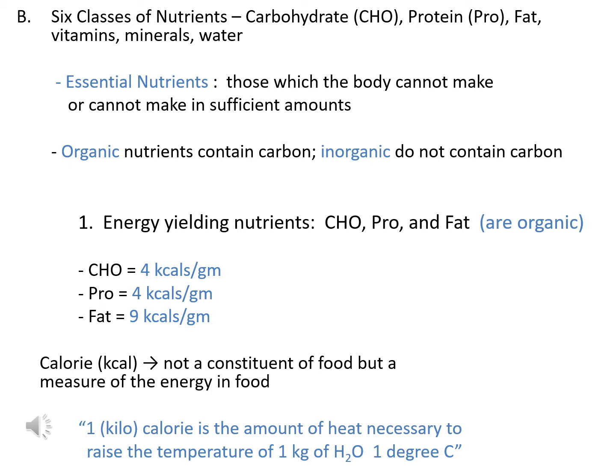It's not a constituent of the food, but it's a measure of the energy that's released when we actually eat the food. Again, going back probably through your chemistry course, you'll recall that a calorie, or more specifically a kilocalorie, is the amount of heat necessary to raise the temperature of 1 kilogram of water 1 degree Celsius.